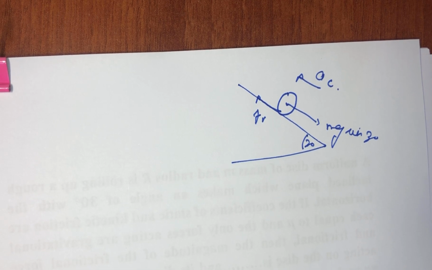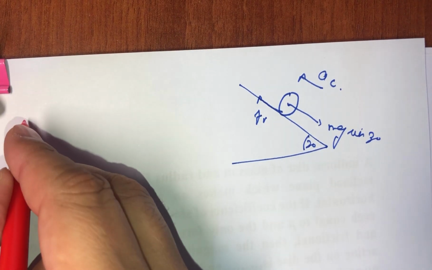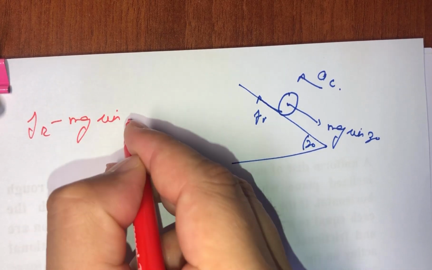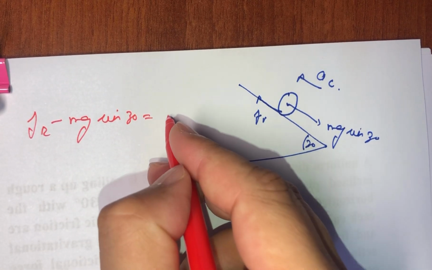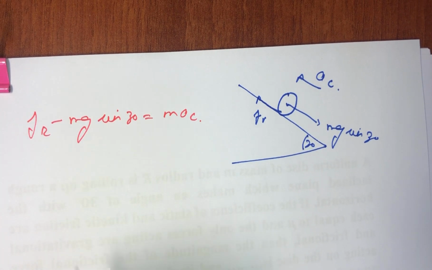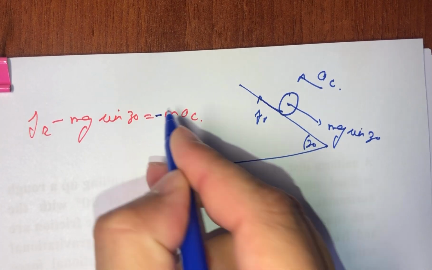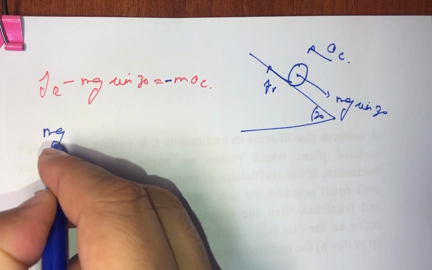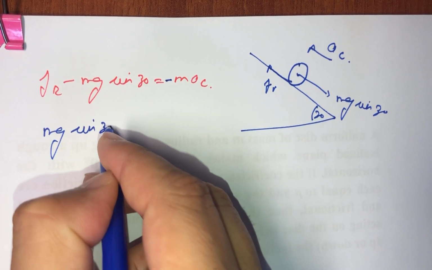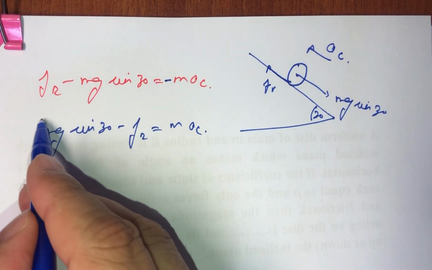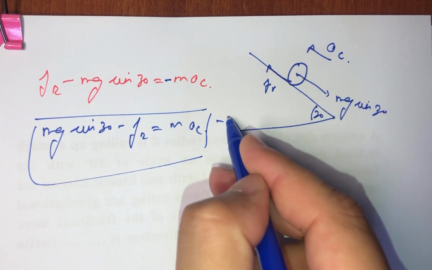So we can write the equation as Fr minus mg sine of 30 is equal to m AC, and as it is a decelerated motion we can put a minus here. Therefore we can simplify it. It can be written as mg sine of 30 minus Fr is equal to m AC. Let us call this equation number 1. Equation number 2.